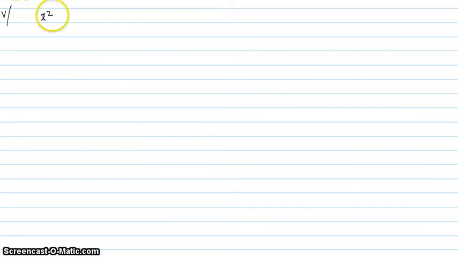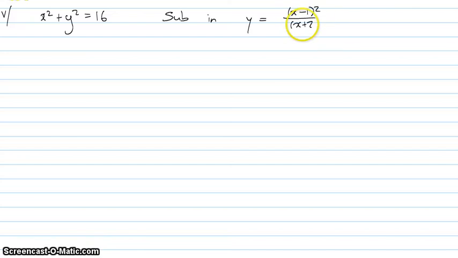We're going to substitute y in. So I'm going to start with x squared plus y squared equals 16, and I'm starting with this one because it is simpler. So I want to go from something simple to something complicated. I'm going to sub in y equals (x minus 1) squared over x plus 2, which if you recall was the equation for the curve C. So I get x squared plus, substituting in, (x minus 1) squared over x plus 2, whole thing squared equals 16.